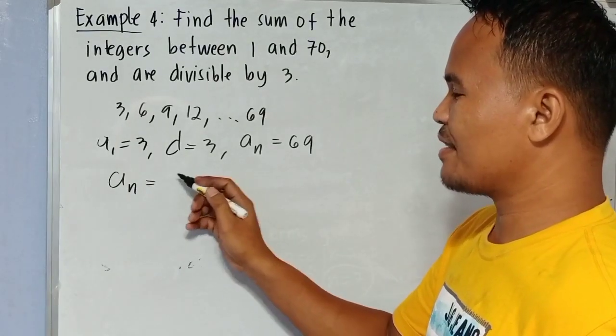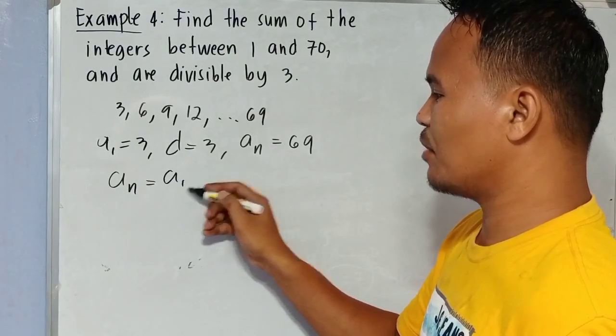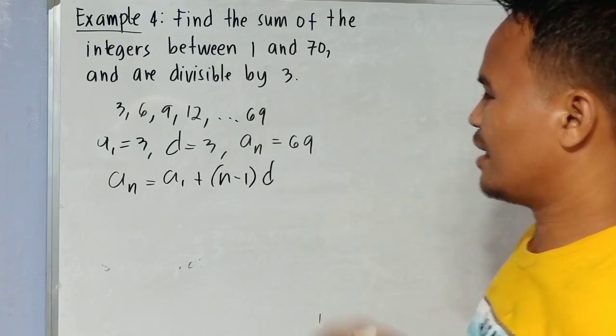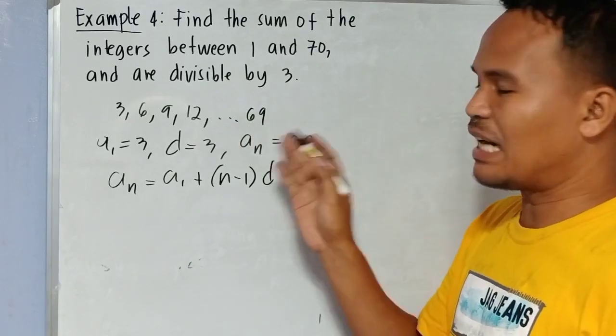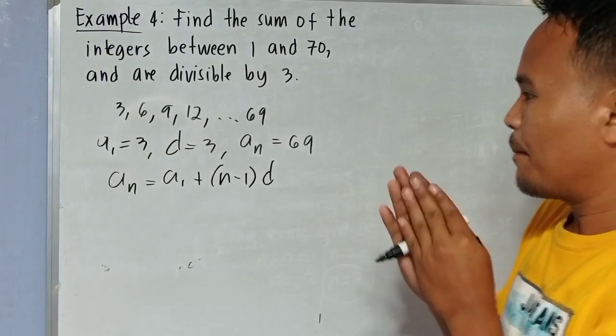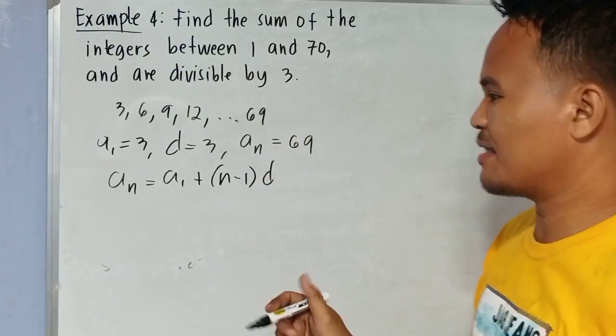So the nth term is a sub n equals a sub 1 plus n minus 1 times d. Again, we cannot solve the problem without the number of terms. So we are going to find first the number of terms by using the nth term of arithmetic sequence.